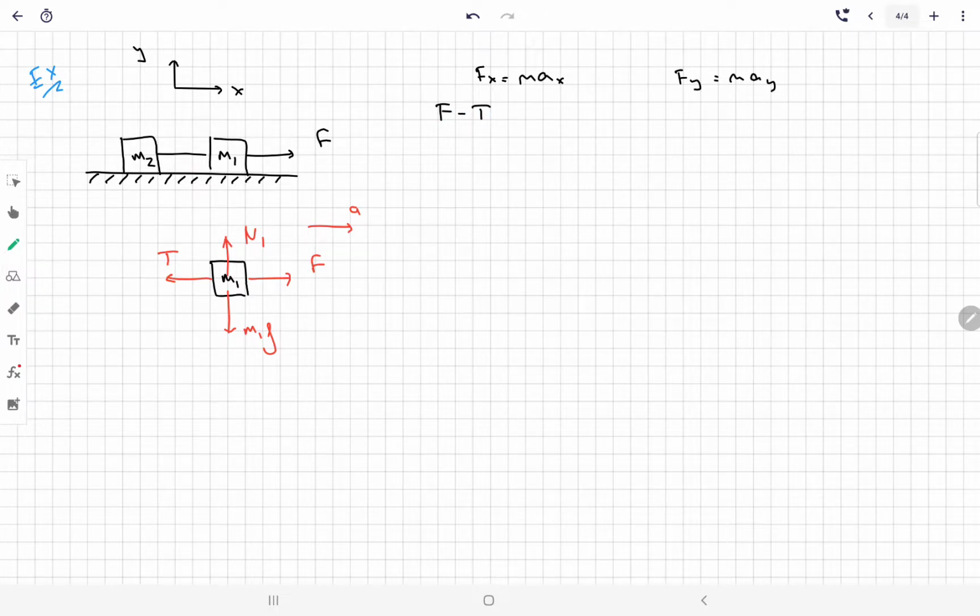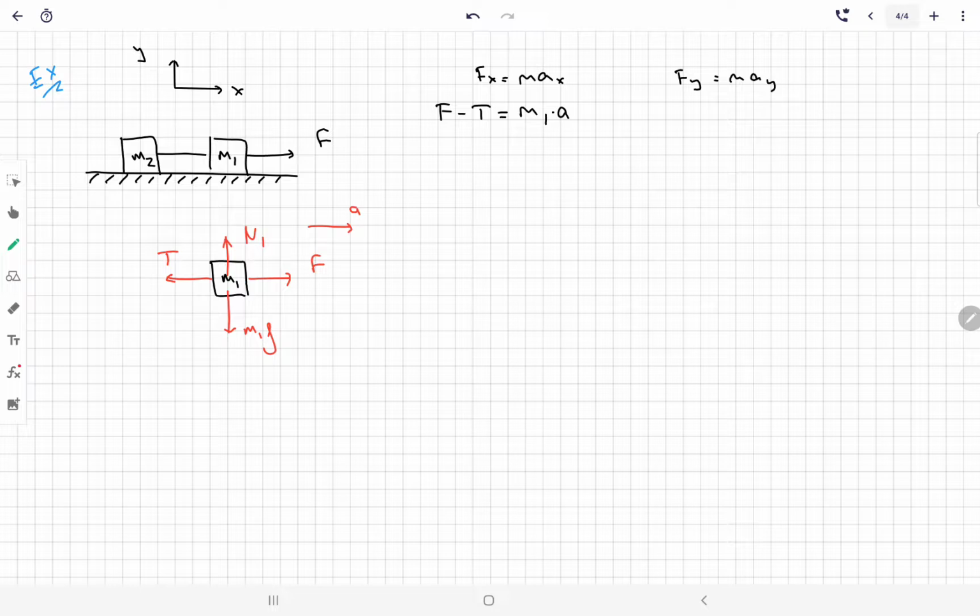To the right we have a force that someone is applying, and there is a tension force which is trying to stop this object, to slow down the motion, equal to M1, because we are considering the first object, times the acceleration of this object. Let me call it just a, because it can move only in the horizontal direction, so we have only one acceleration.